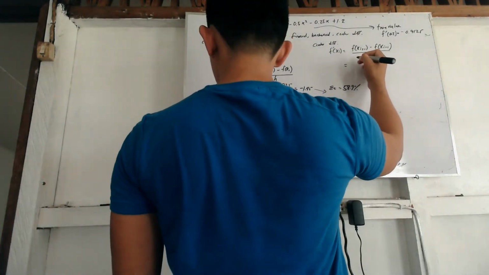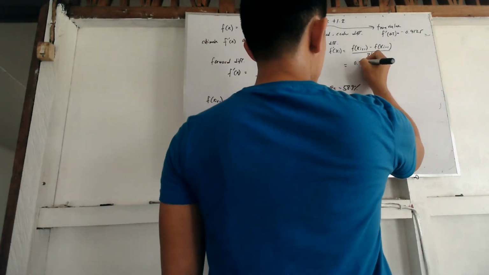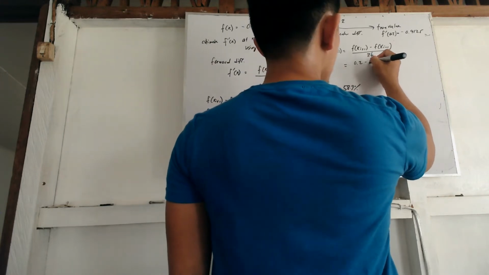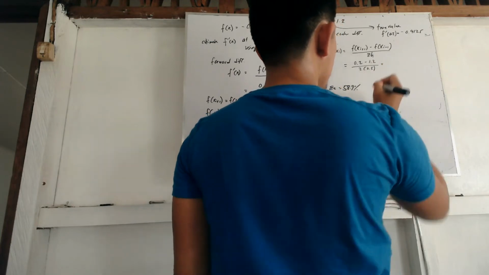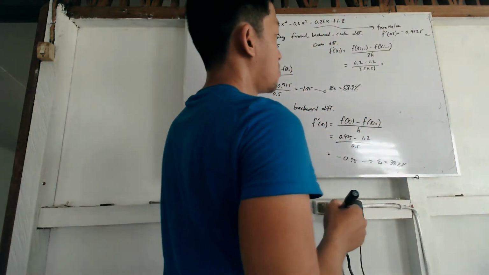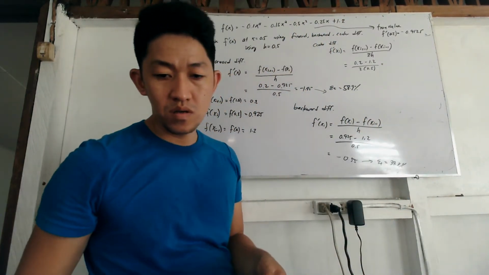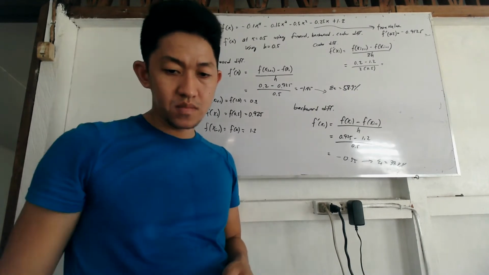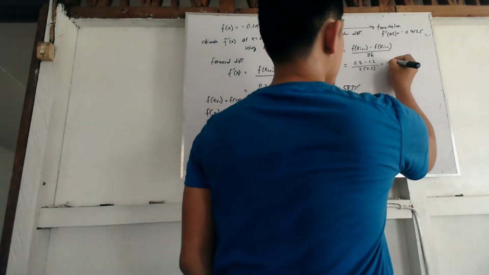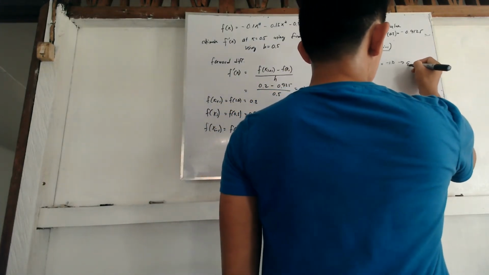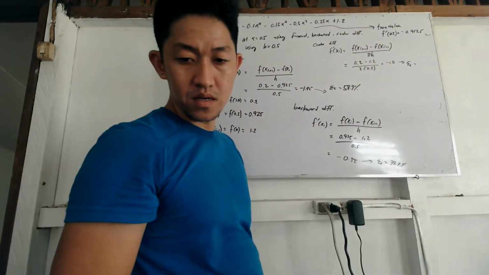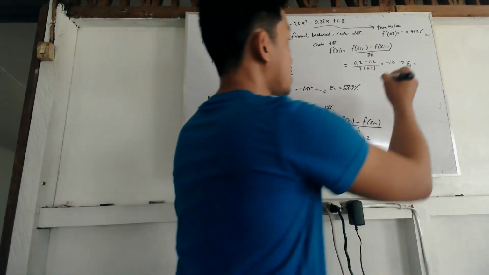In the same way, let's plug in the values. So you'll get a value of negative 1.0. So this will give you a true error of 9.6%.